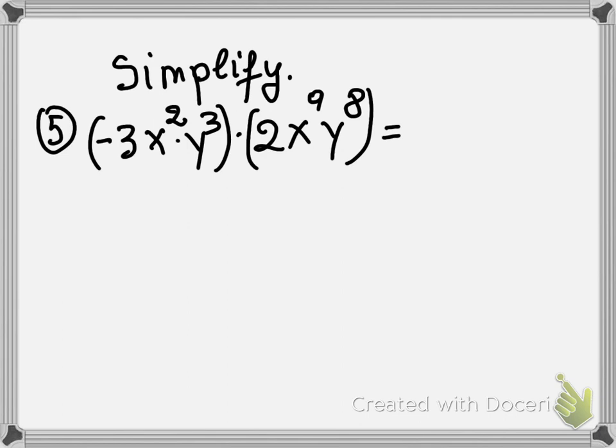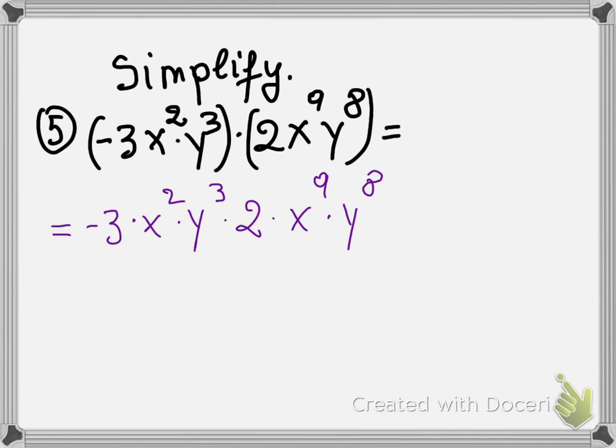So here is a little more complicated example. We're going to simplify this. Recall that multiplication is commutative and associative, so we can actually get rid of these parentheses. So we can write this as negative 3 times x squared times y to the third times 2 times x to the 9th times y to the 8th.